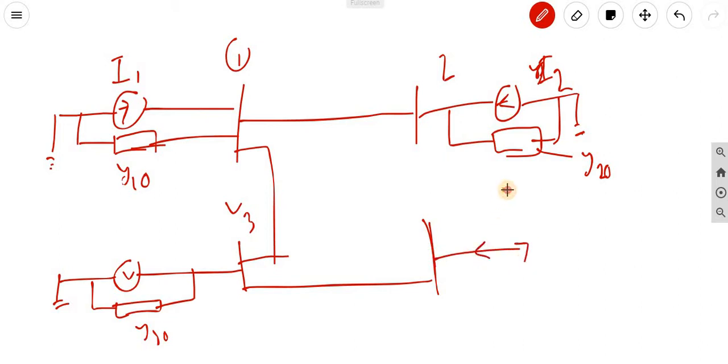For the load, current I4 is injecting, and why is this branch not considerable? Because the load impedance is very high, so that's why this branch is not considerable.